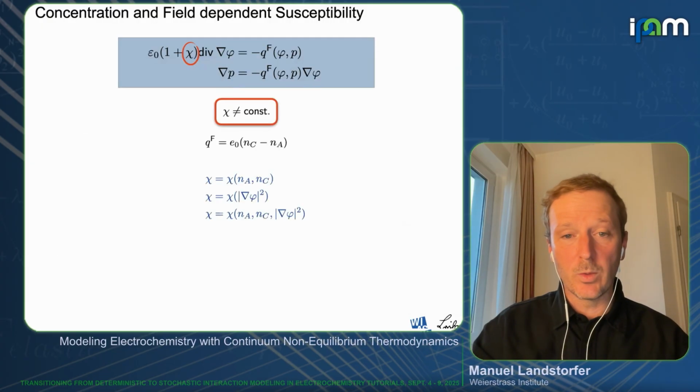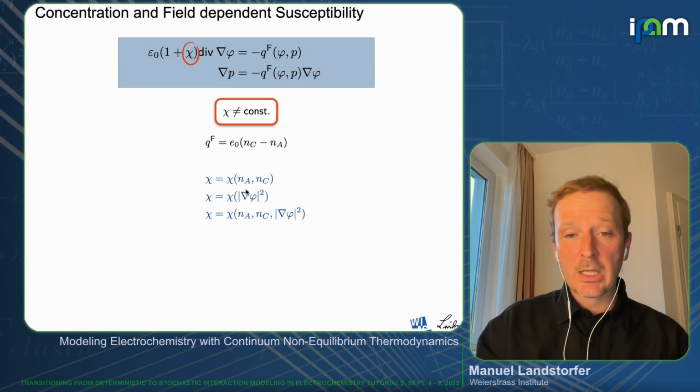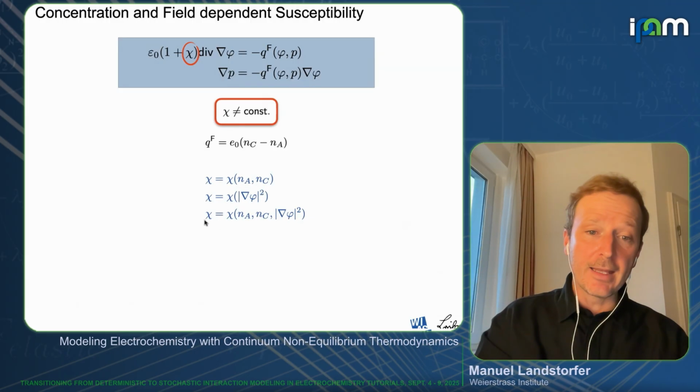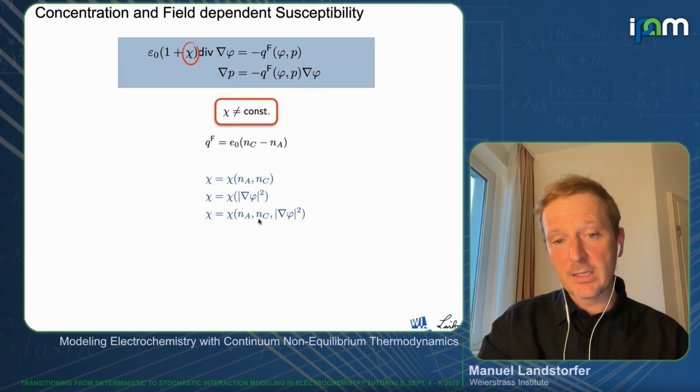So we now want to have a dielectric function which depends on anion and cation concentration, which depends on the electric field strength. Why there is a square incorporated here, this is something I will tell you throughout the talk. And then in the third case, what happens when it depends on all of these three things.